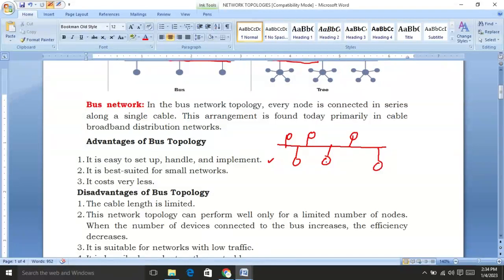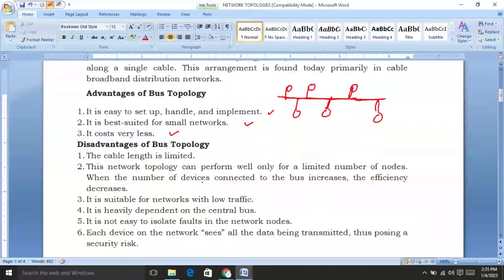It is easy to implement, simply taking one cable and connecting the nodes to this cable. So this is very easy to implement and it is suited for small networks. Suppose there are 2 to 3 systems, this is very easy to implement. The cost is also less. These are the advantages of the bus topology.